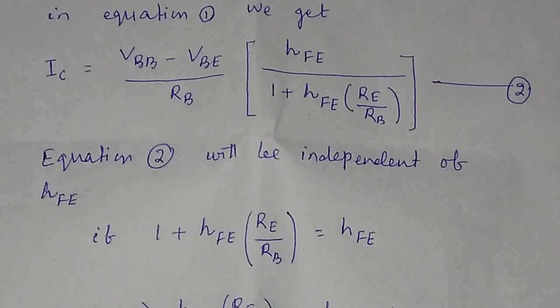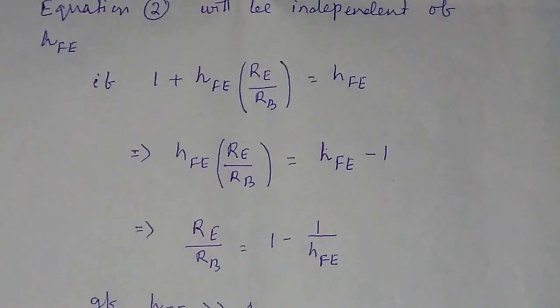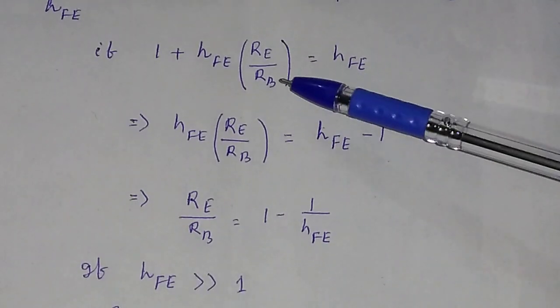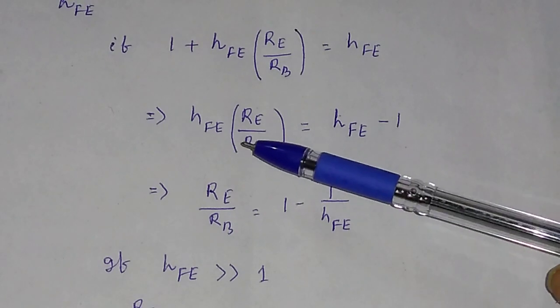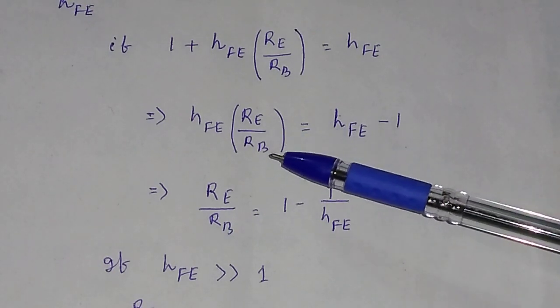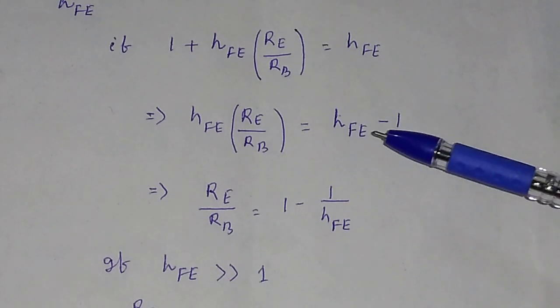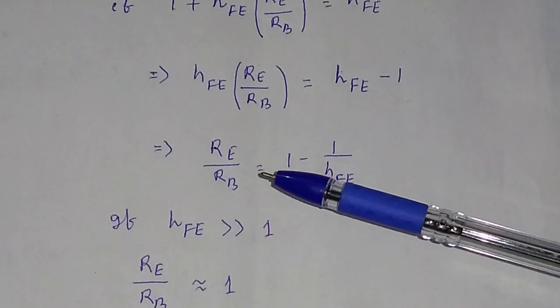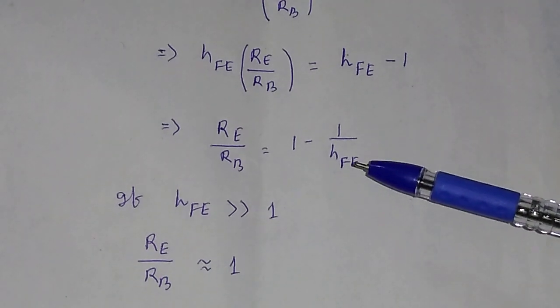So if 1 plus HFE into RE divided by RB is equal to HFE, then HFE into RE divided by RB will be equal to HFE minus 1. So RE divided by RB will be equal to 1 minus 1 by HFE.